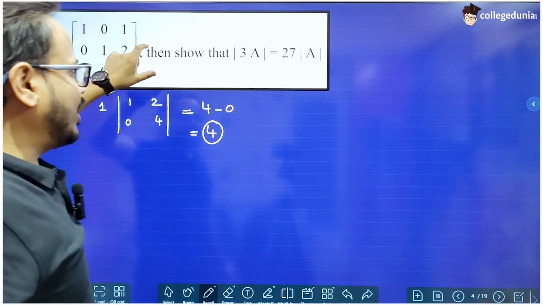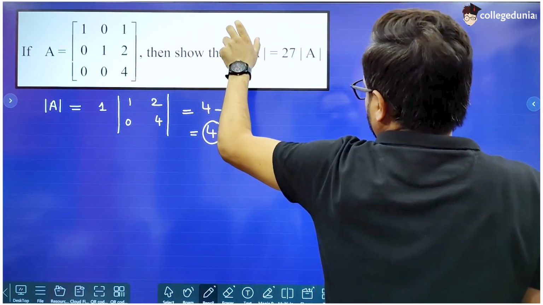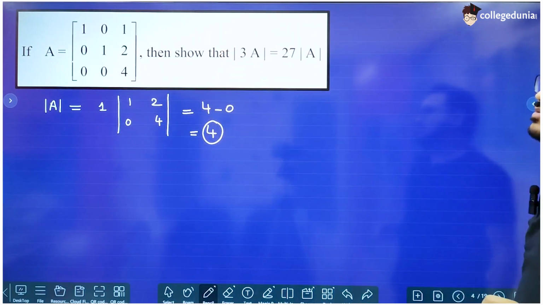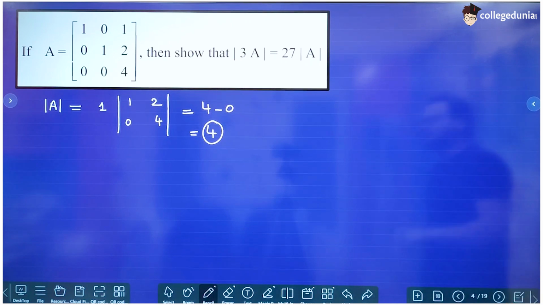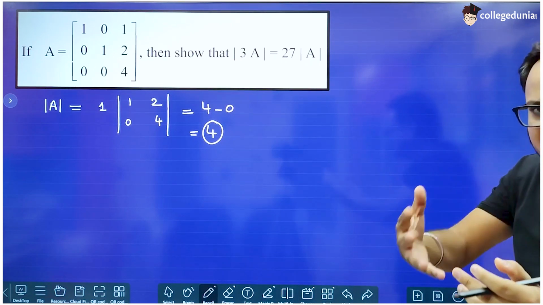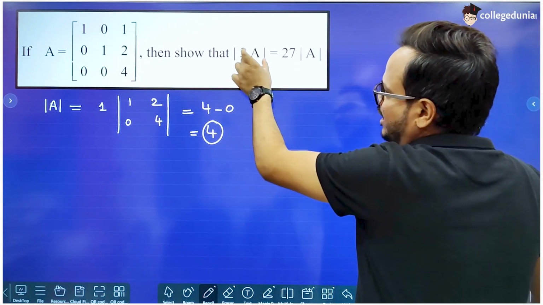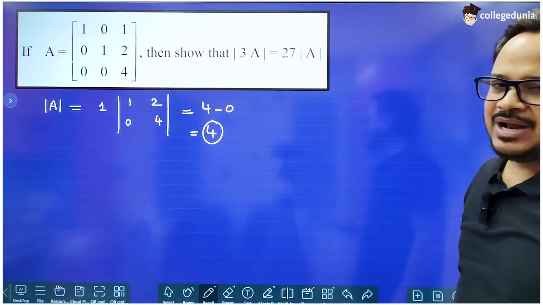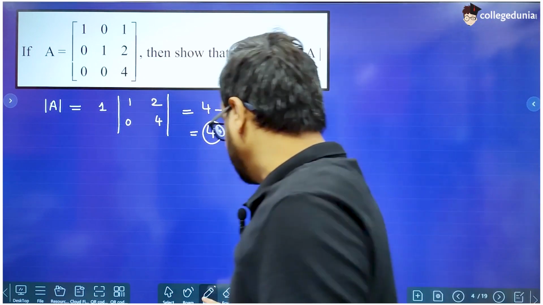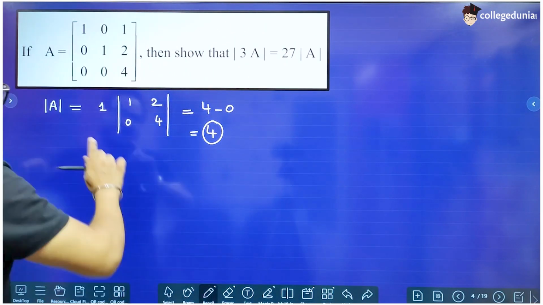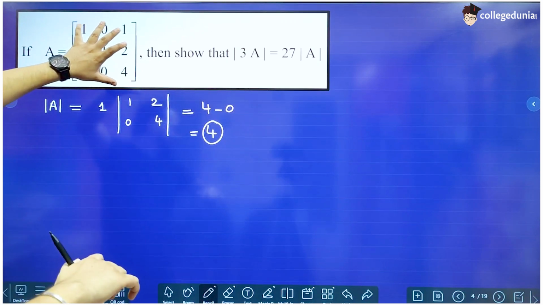Okay. What is the determinant of 3A? 3A means this is a matrix, right? So if you multiply this matrix by 3 and then find the determinant, that will be the determinant value of 3A. And when we multiply a matrix by any number, that number has to be multiplied with all the elements of the matrix.